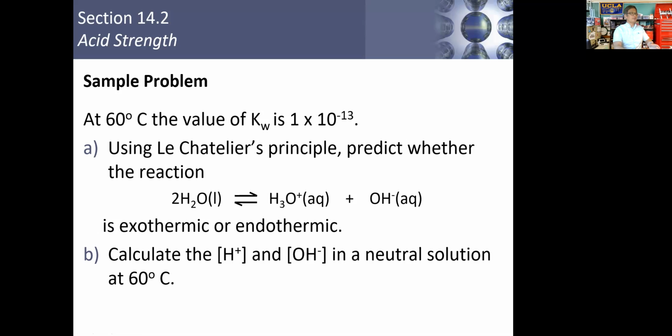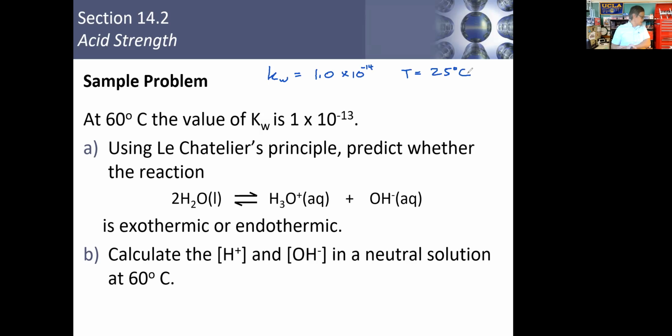We are told that at 60 degrees, kW is 1 times 10 to the minus 13. Now make sure you remember that we were given kW before. We learned that kW was equal to 1 times 10 to the minus 14, but that was when the temperature was 25 degrees Celsius.